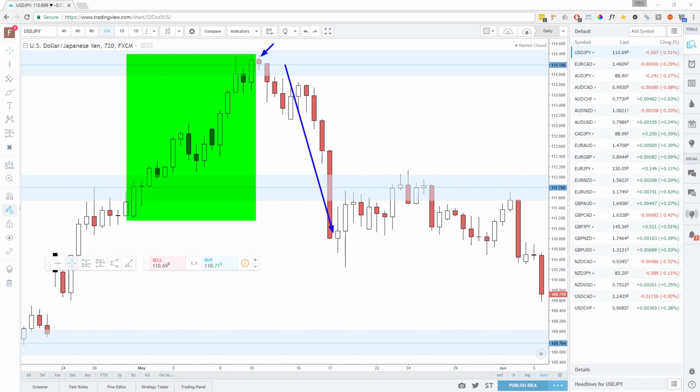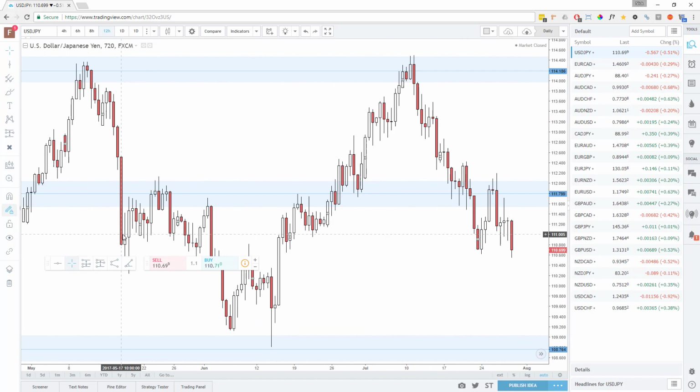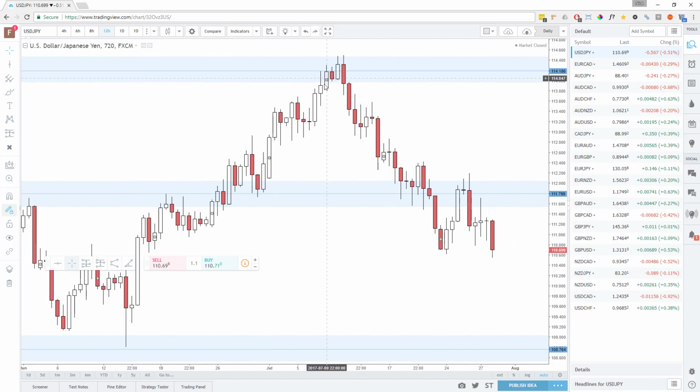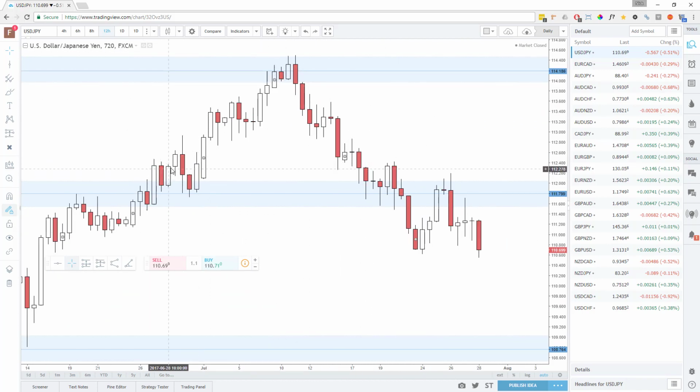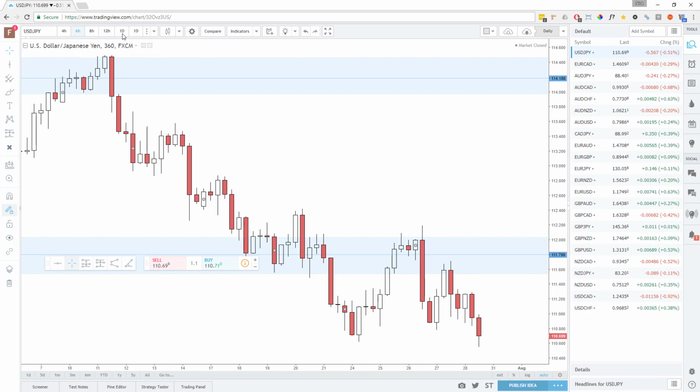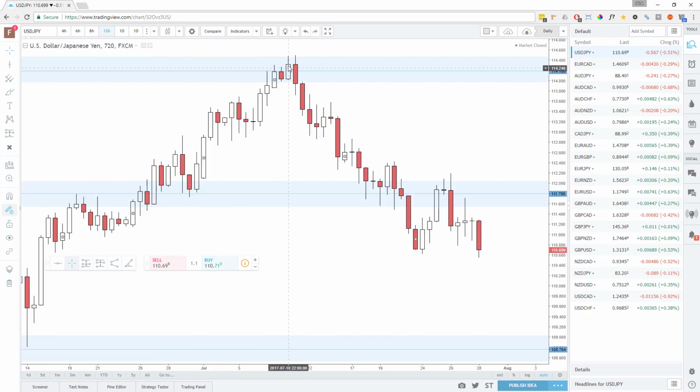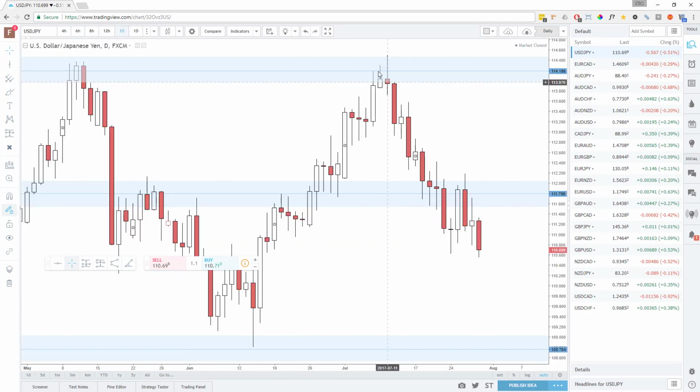So that was a nice little reversal trade. And then this was the trade I took. Like, 2 months later, we got the exact same thing happening. Price pushed up to this area. We got indecision and it reversed. So it was the same thing as previously.